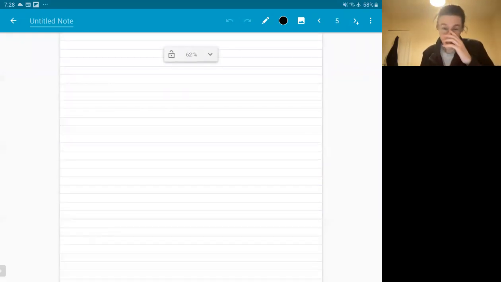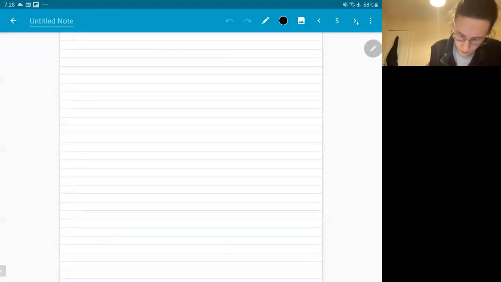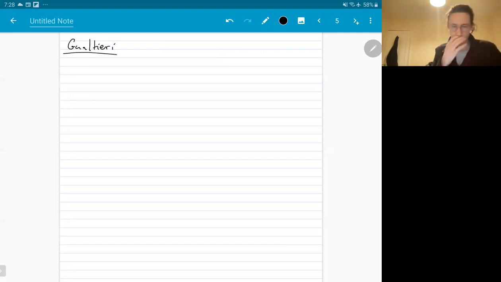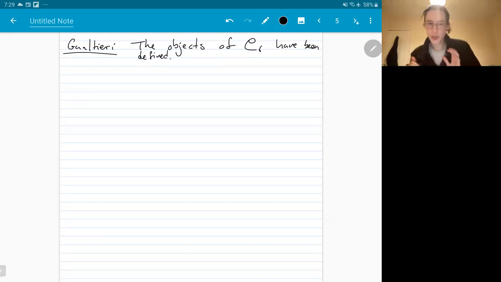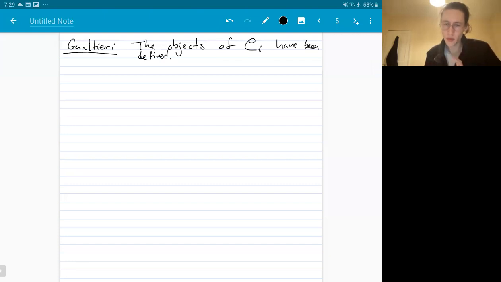As I was saying earlier, in Marco's thesis, or his Annals paper, maybe both, the objects of this category that we want to define have been defined. There's a general definition, which I'm not going to give. I'm just going to give a simplified definition that will work for the case at hand.